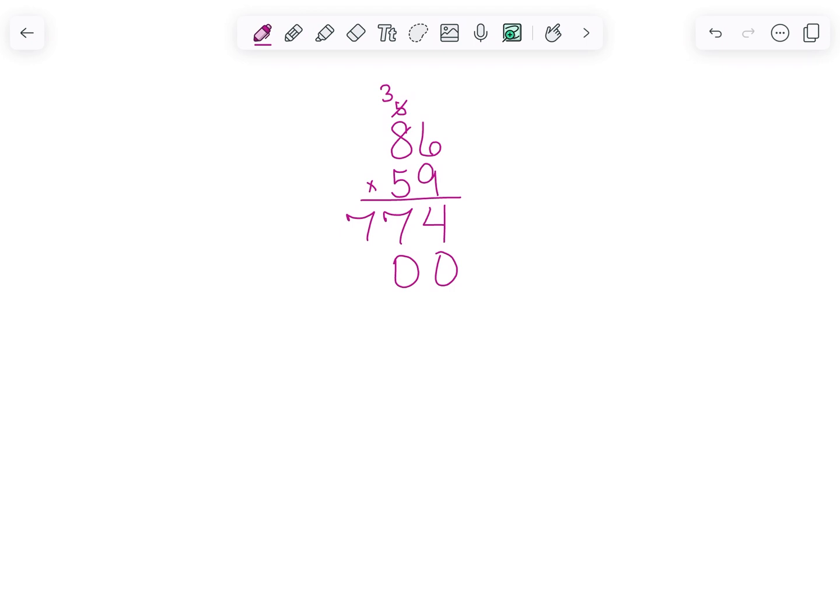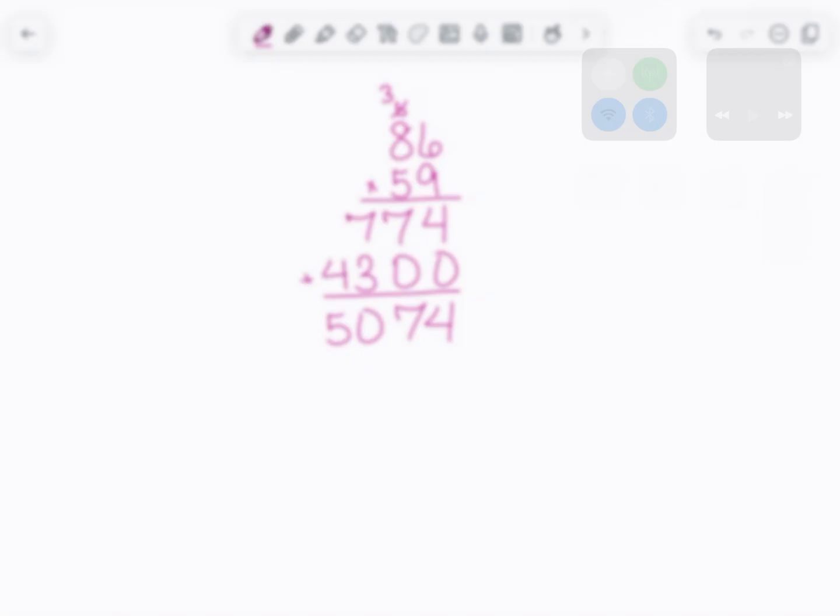Next, we have 50 times 80, which is 4,000, plus the 300 that we regrouped gives me 4,300. Combined with our 00 we had from before, we have 4,300. Finally, we add these two numbers. When we do, we get our final solution of 5,074.